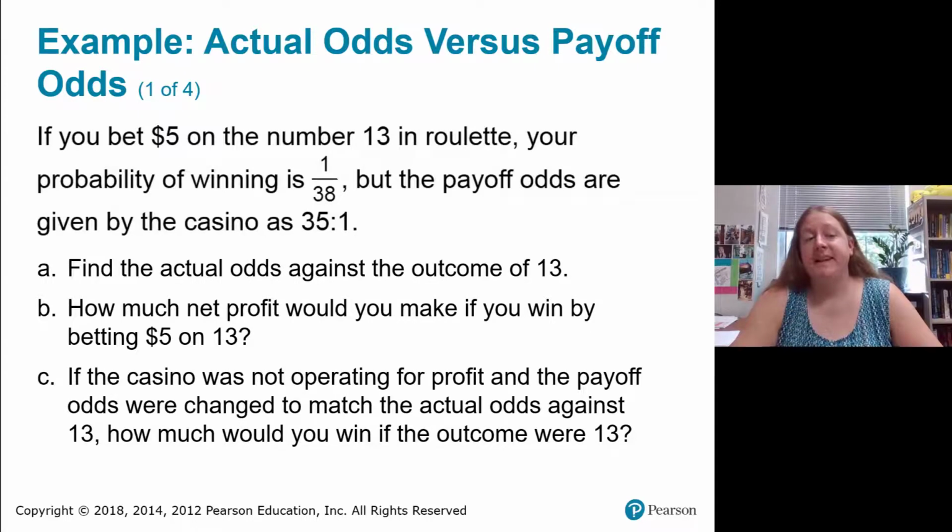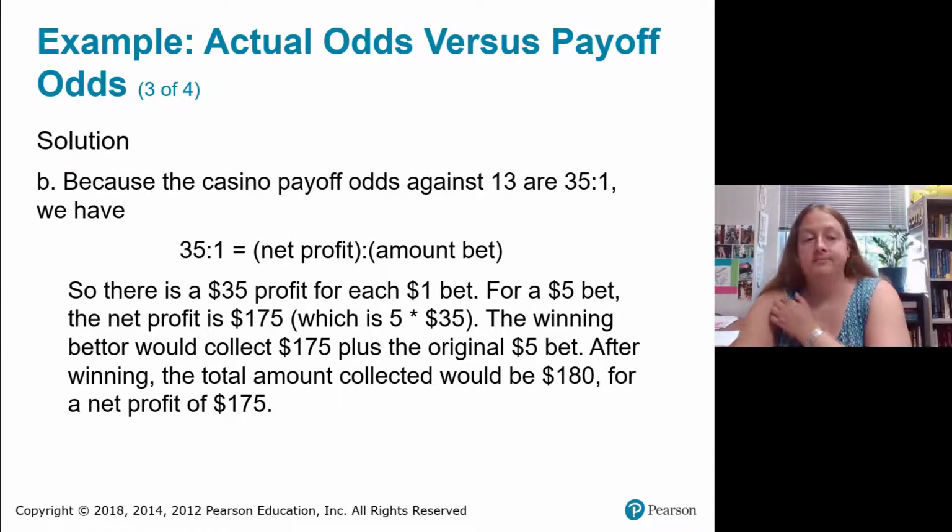Part B asks, how much net profit would you make if you win by betting $5 on the number 13? Because the casino has payoff odds against 13 at 35 to 1, we read that as net profit to the amount bet. So $35 is our net profit if we bet $1.